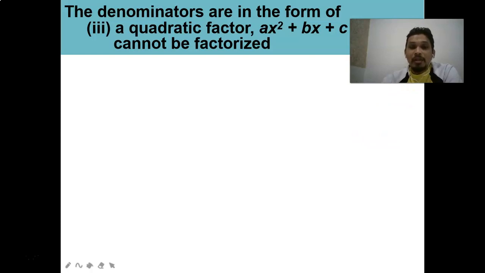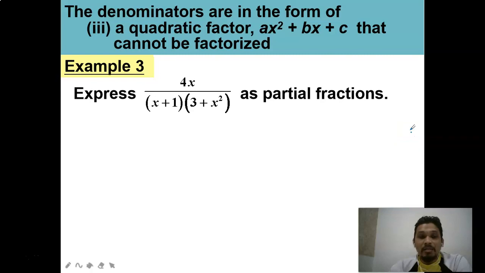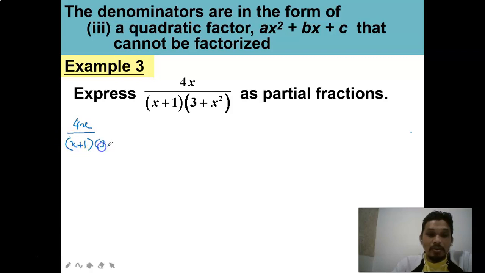And now, cases where the denominators are in the form of quadratics that cannot be factorized. Example 3: form this as partial fractions, 4x divided by (x + 1)(3 + x²). This is a quadratic that cannot be factorized.